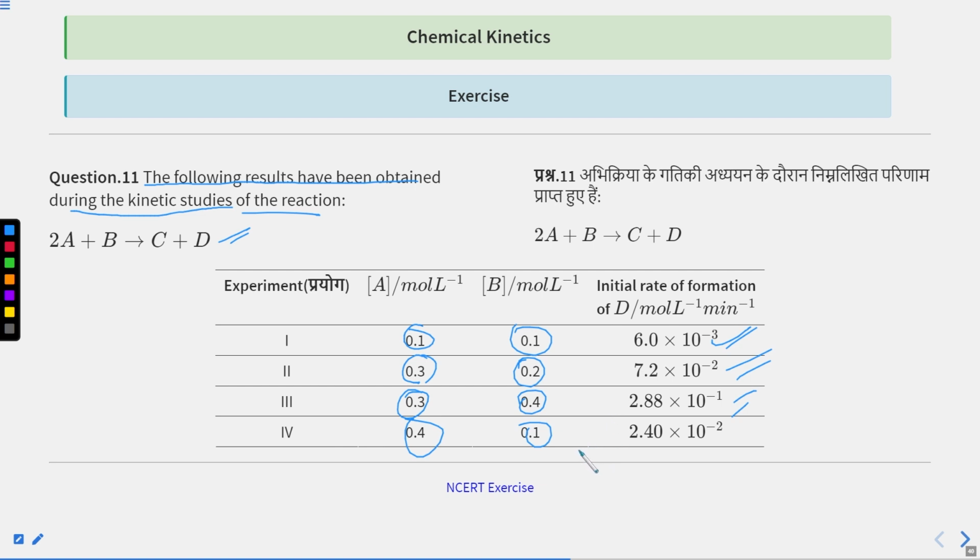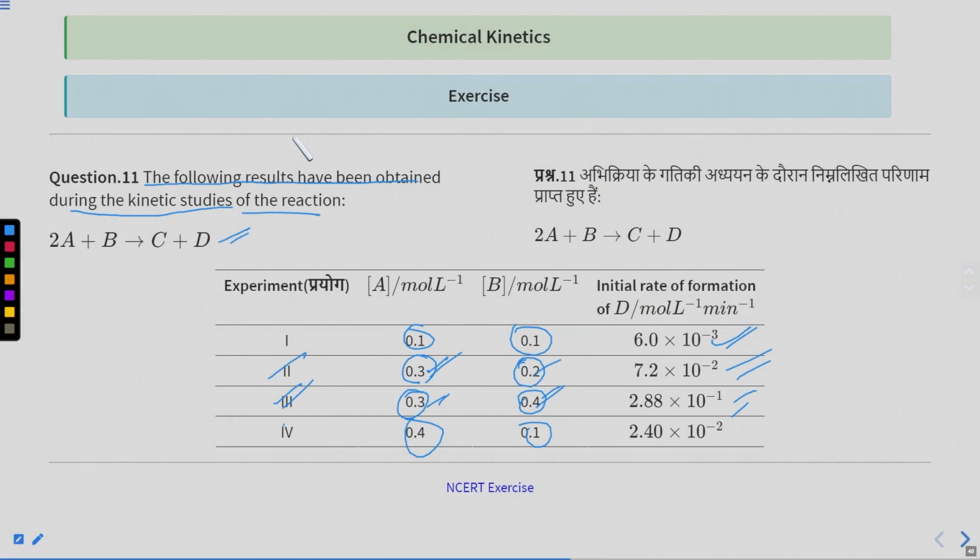Simple. Just write the rate expression for any two of these such that, out of A and B, one concentration remains the same. Suppose I am taking 2 and 3. In 2 and 3, the concentration of A is kept the same and B is changed. So we will take this type of equation.